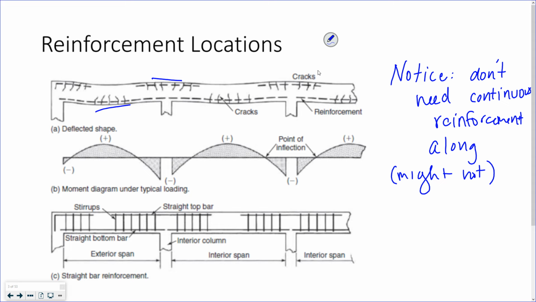Now what you'll also notice is if we're looking at a section, we have our stirrups, maybe they look like that, and we have our longitudinal reinforcement inside. Typically you want to have 4, 1 for each corner if you're a rectangular section.